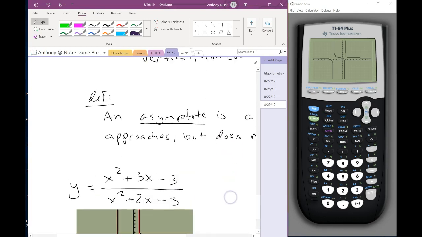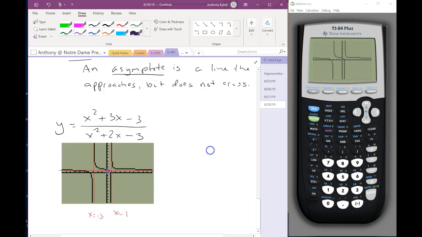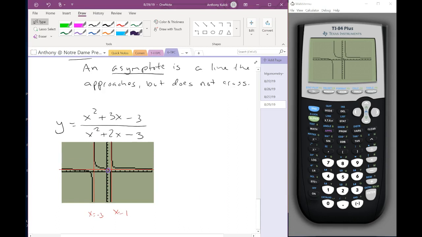Here we're not going to worry quite so much about that, so I'm going to put a little asterisk next to the horizontal asymptote, because we're going to include things like this as horizontal asymptotes for right now as well. Things where you might have a little bit of crossing in the middle, but at the ends you have that same approaches but doesn't cross behavior. When I say ends of the graph, I'm talking about the ends of the graph. Is everybody okay with that idea? All right, here's the $64,000 question.